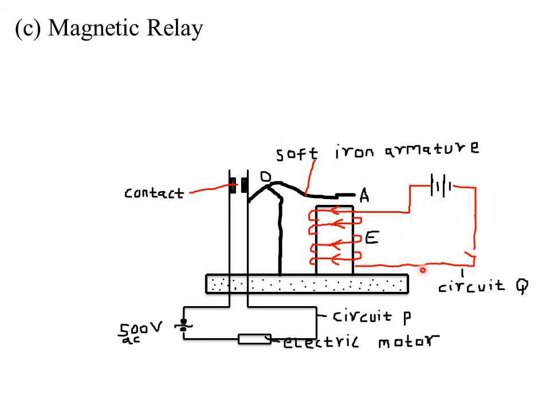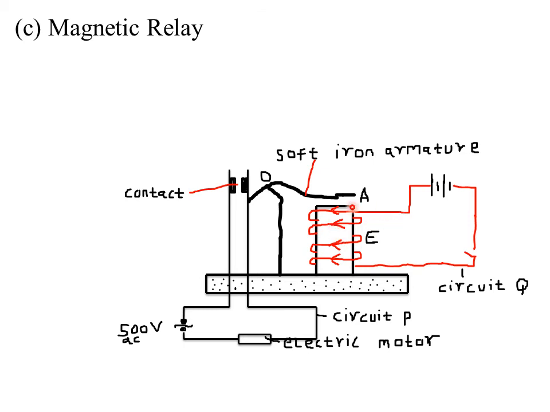So we want to use this circuit to control the other circuit which has an electric motor here. So when we close this particular switch, the current flows in this particular direction. Remember, this is a battery, and this is the positive terminal. So when the switch in circuit Q is closed, the current flows through E. Remember, E is usually a soft magnetic material.